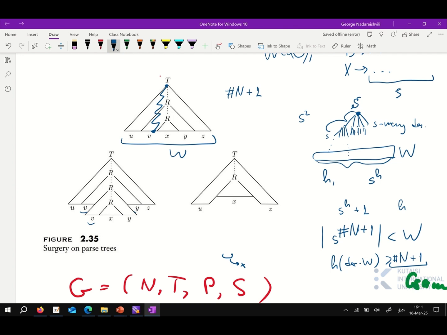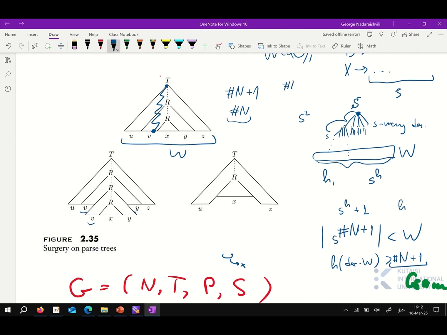At the leaf I have a terminal. So I have at least this many, well, actually there are n plus 2, but whatever, at least this many nodes on this path. If you have height n plus 1, you have n plus 2 nodes, right? In a path of length n plus 1, you have n plus 2 nodes.